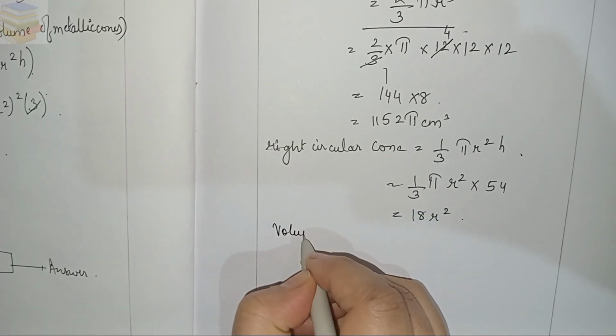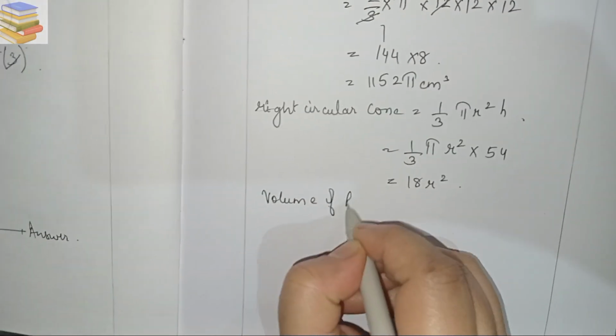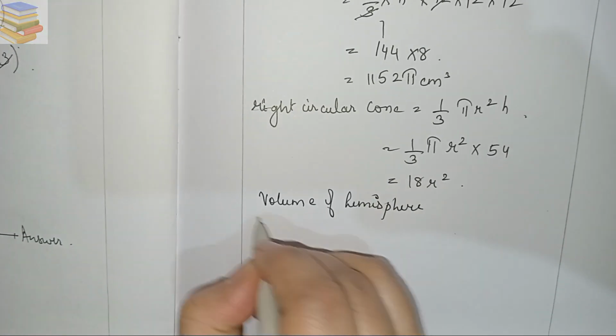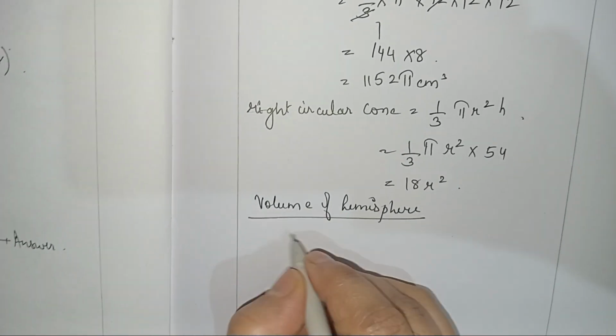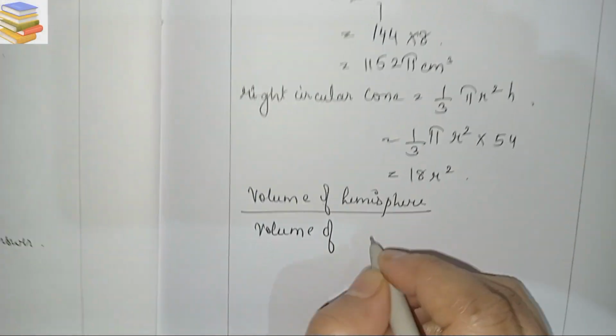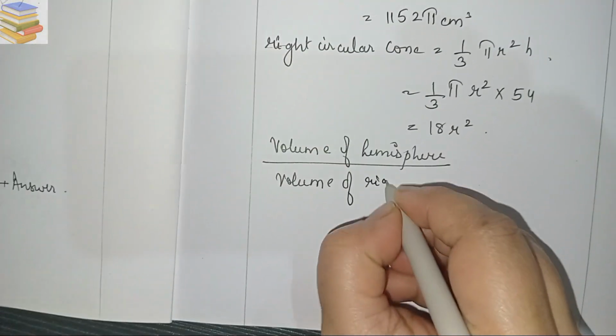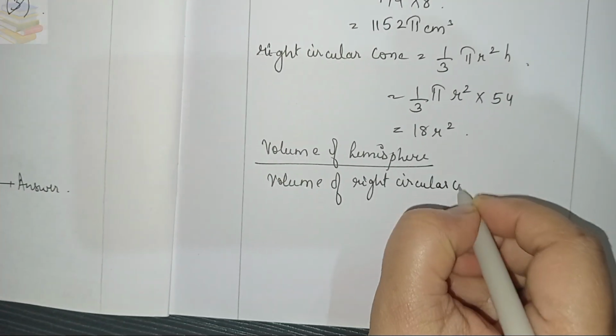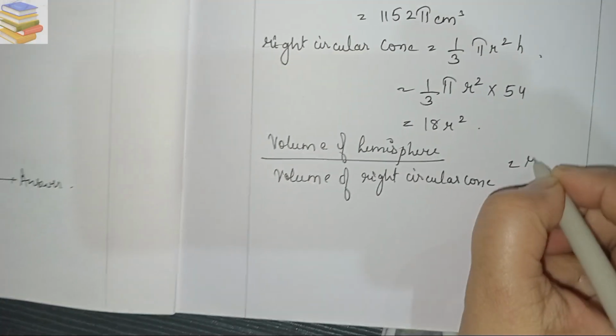Volume of the hemisphere over volume of the right circular cone is equal to r square.